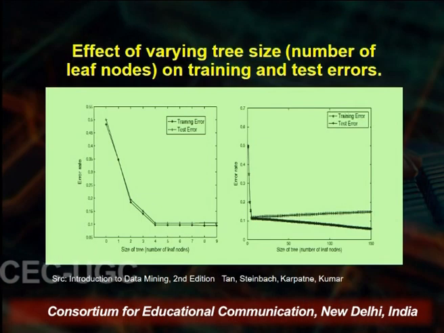If we look at this diagram, it shows the effect of varying the tree size, where tree size means the number of leaf nodes, on training and test errors. When we increase the number of nodes, the error rate falls and the decision tree becomes more and more accurate.